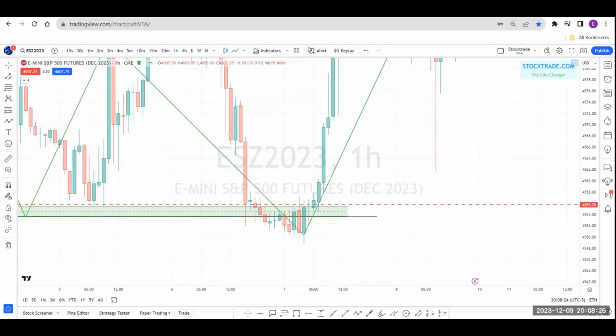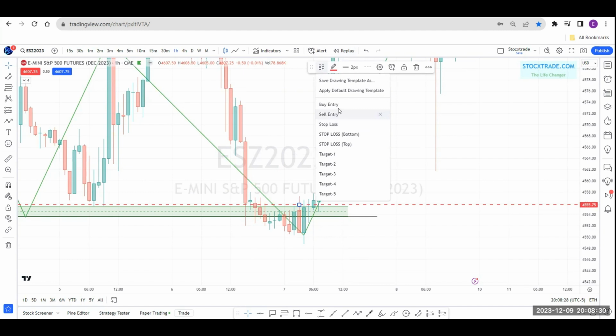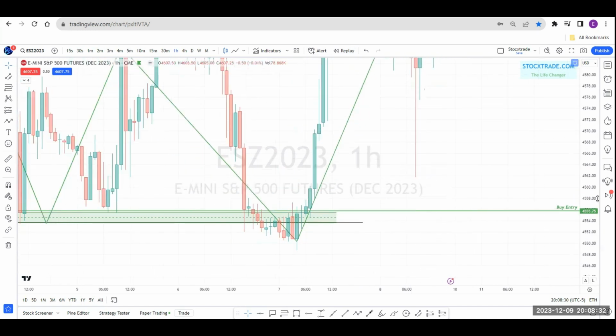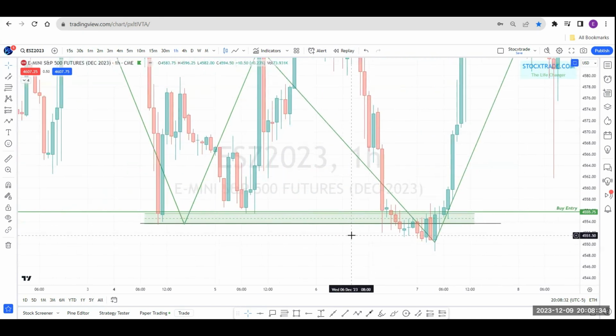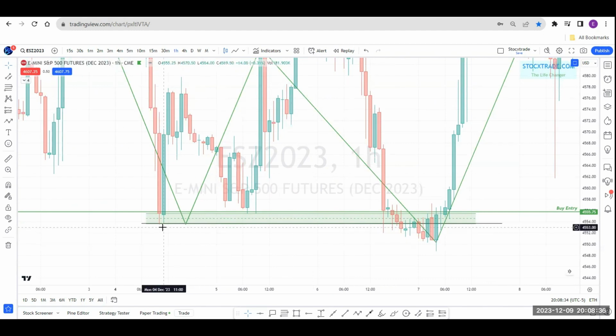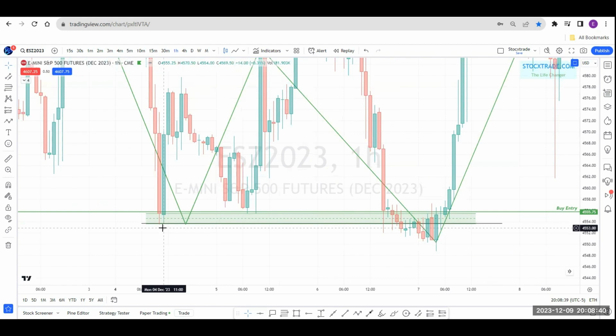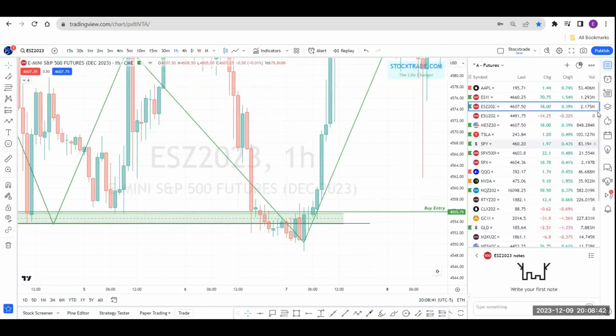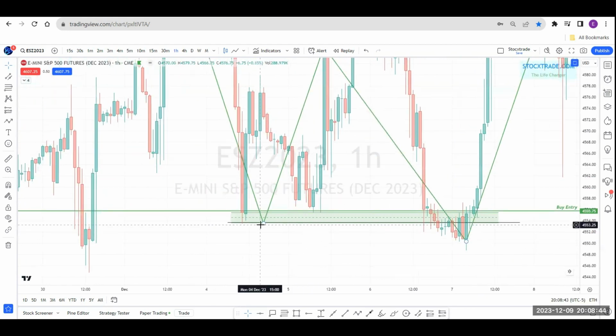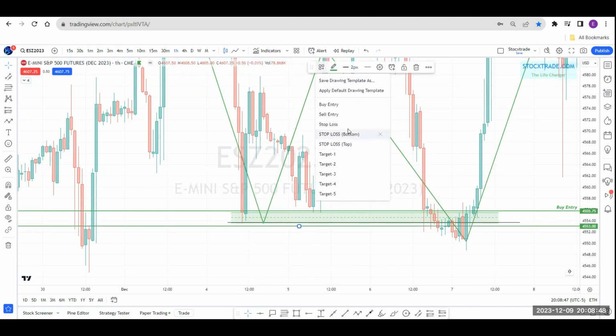I will go in the buy trade. This is my buy entry. Because the market is coming down, I will put my stop loss below this structure. This is my stop loss.